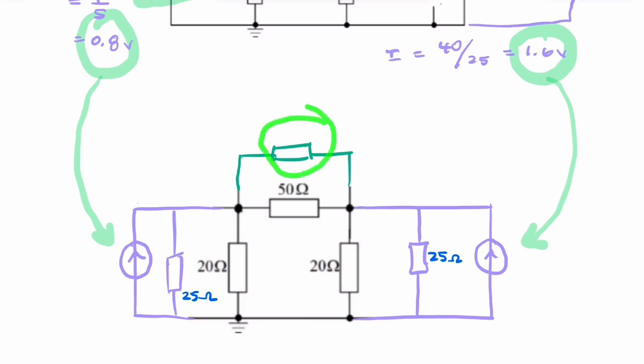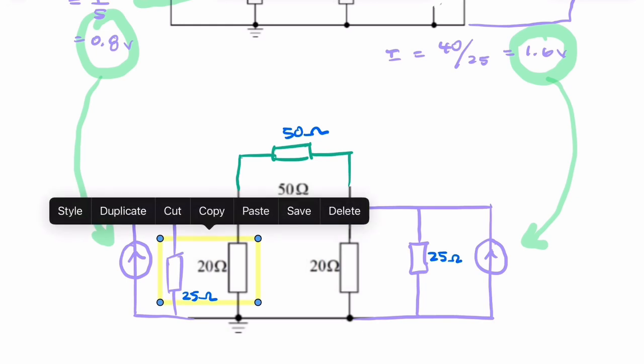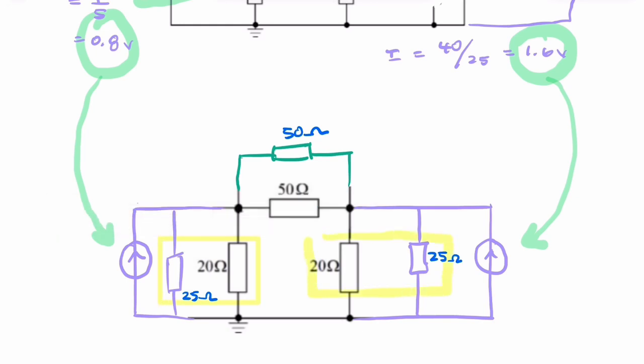And this is the series resistance, 50 ohms. Now I can combine parallel resistances. So these two I can now combine into one equivalent resistance, and I can combine these two into one equivalent resistance.